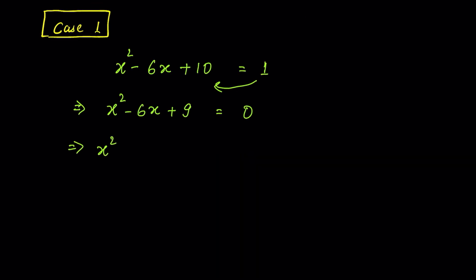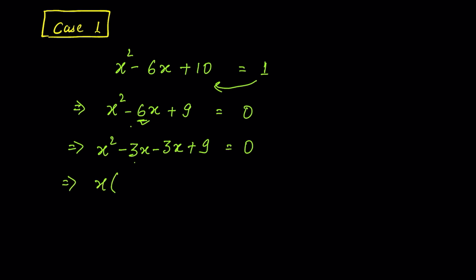We have to find two numbers whose product is 9x² and whose sum is −6x. So we can write −3x − 3x + 9. Minus 3x times minus 3x will be positive 9x², and −3x − 3x equals −6x.